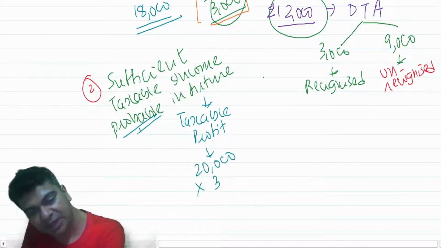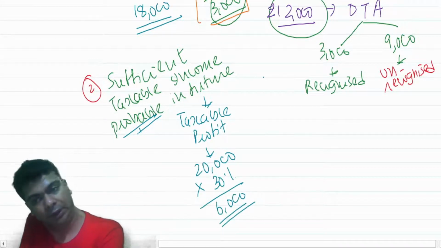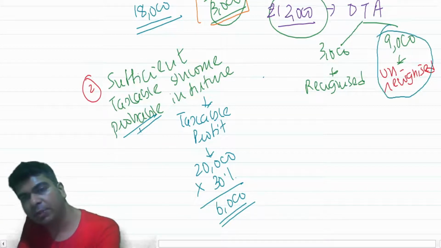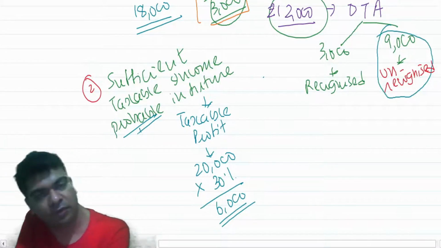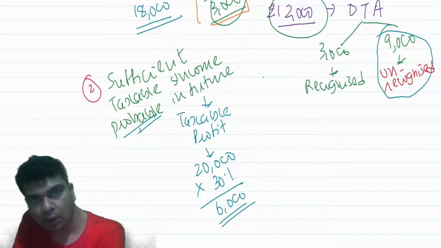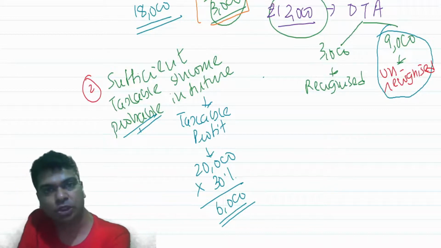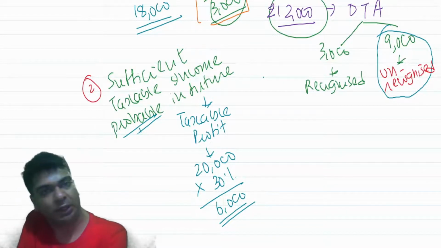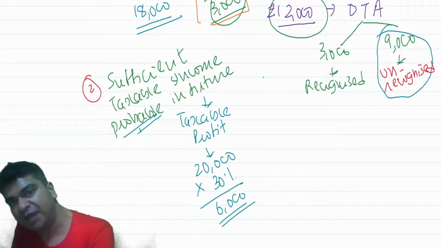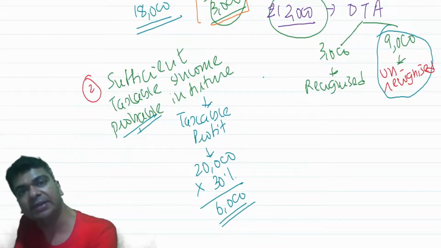This I multiply with the tax rate of 30%. That means I will have to pay tax of 6,000. But because I have, your eyes should be now on this, because I have a deductible temporary difference, I can save tax. So what will happen is, I'm expecting a taxable profit of 20,000 in future. I know that in the next assessment year, I will have to pay 6,000 rupees of tax, but thanks to a deductible temporary difference, I will not have to pay that tax.